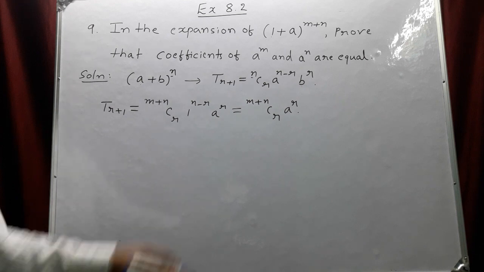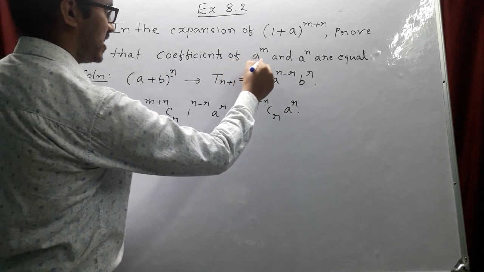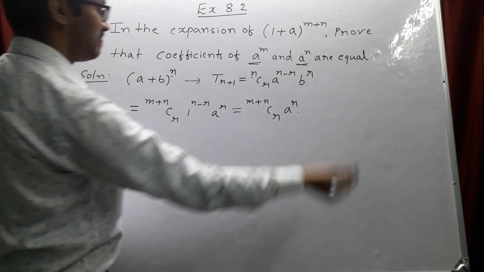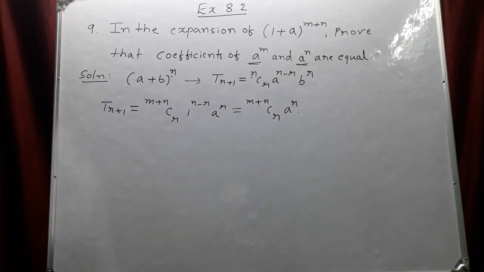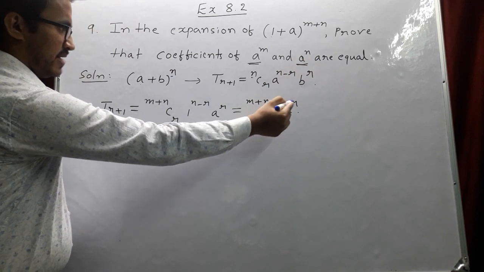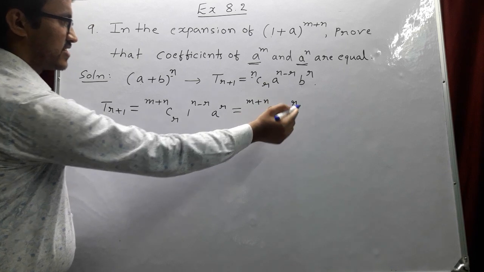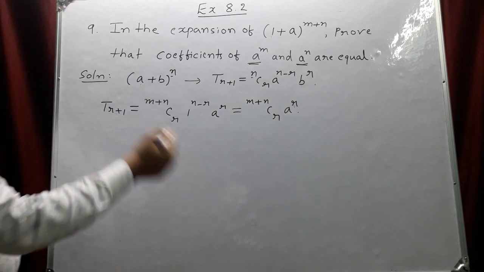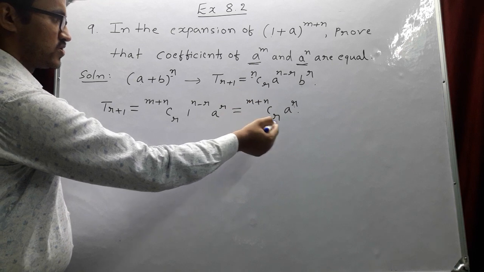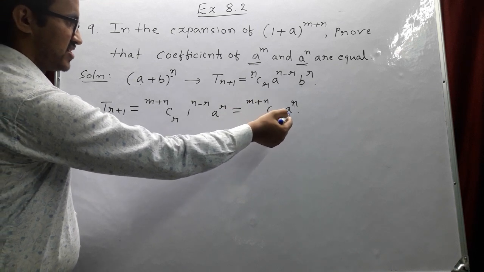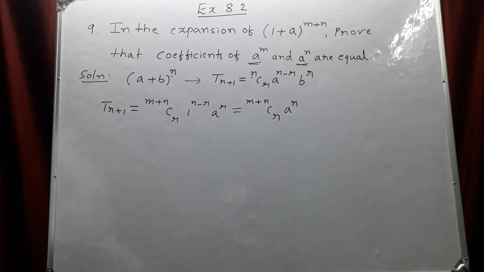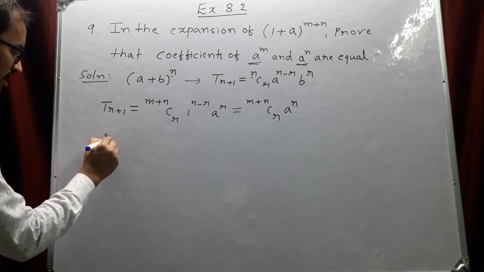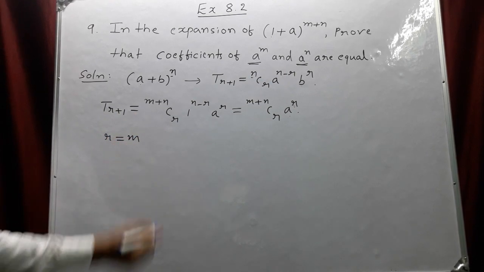So we have to find the coefficients of a power m as well as a power n. To get a power m, we have to substitute r is equal to m. If you take r equal to m, we will get the coefficient of a power m. So substitute r is equal to m.